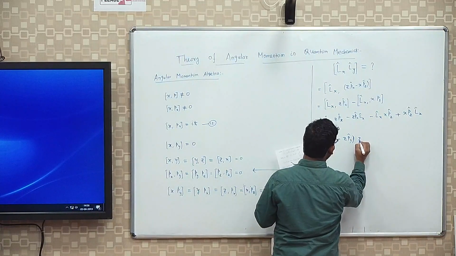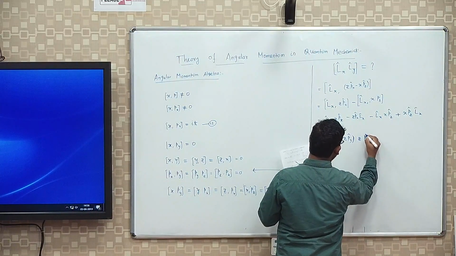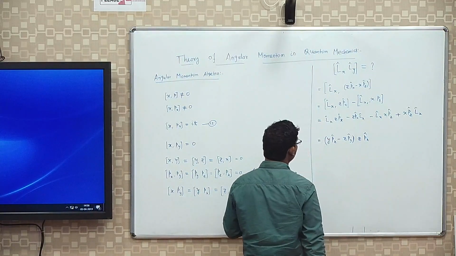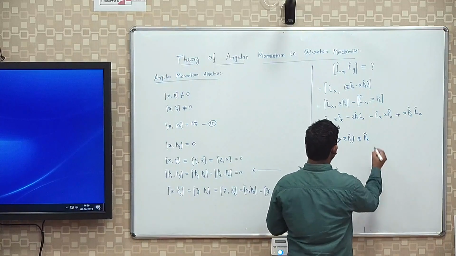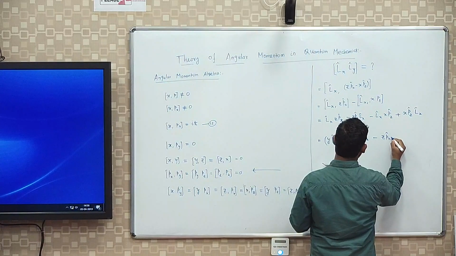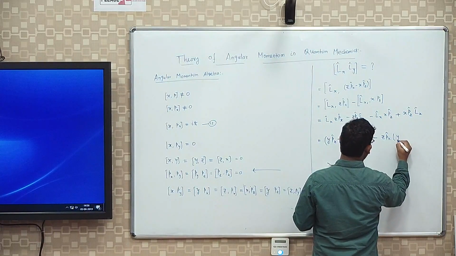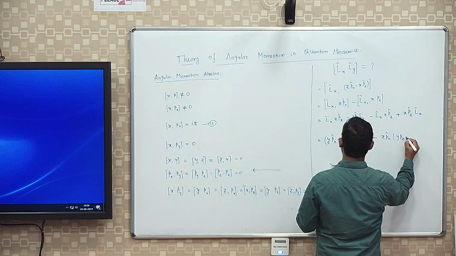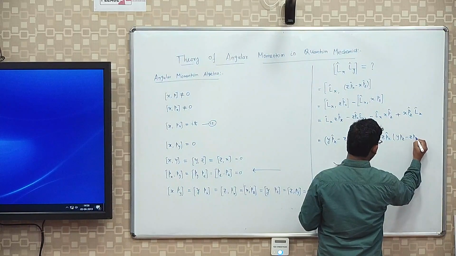So multiplied with zpx. So minus gpx, ypz minus ezpy.